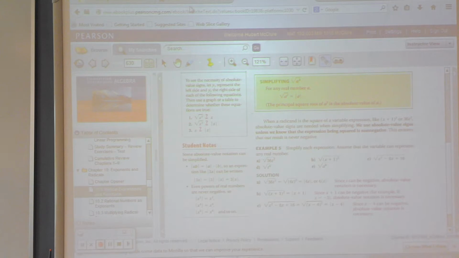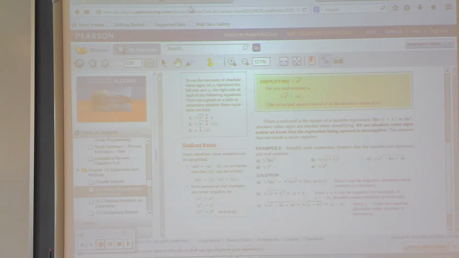So if I ask you what is the square root of t squared, you're going to say absolute value of what? T, because you can't put a negative under the radical. So it has to be absolute value of a variable. The square root or the even root of a variable is always going to be the absolute value of that variable.